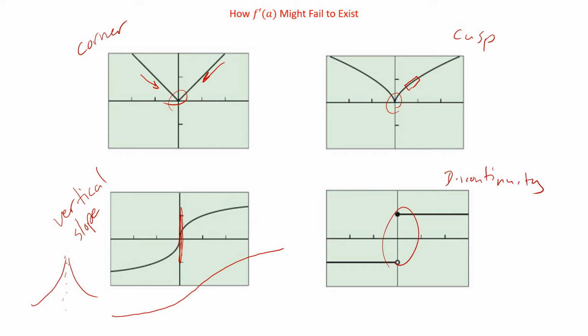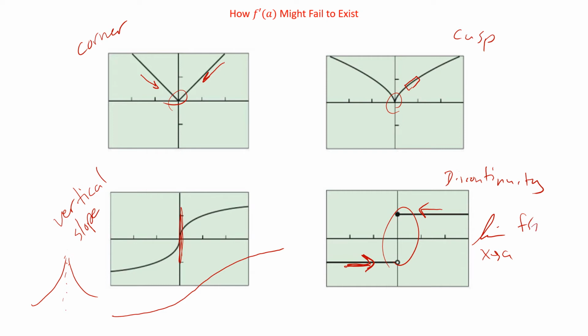The derivatives are the same going both places. It looks like the slope is 0 everywhere. However, if we were to find the limit coming from the left, we would have the limit as x goes to a of f of 0, which would be x.